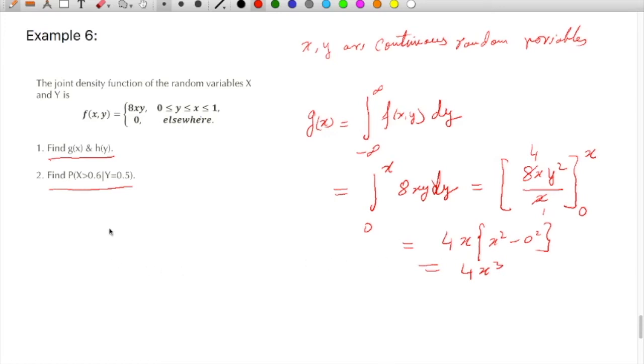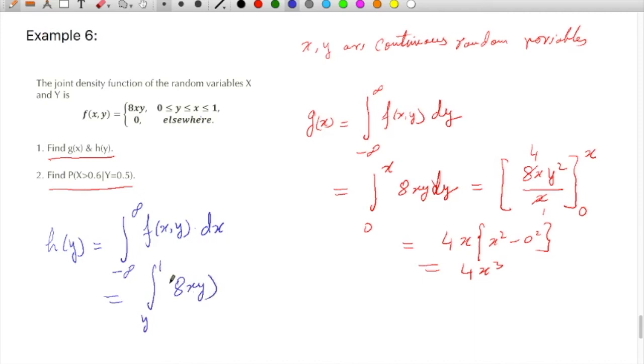Now, if we have to find out the marginal distribution for y, so h(y) will be the integration from minus infinity to infinity of f(x,y) dx. But for x, the range is y to 1. So this will be the integral from y to 1 of 8xy dx.